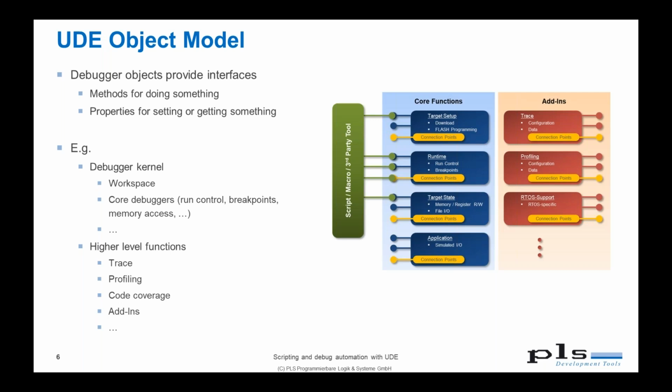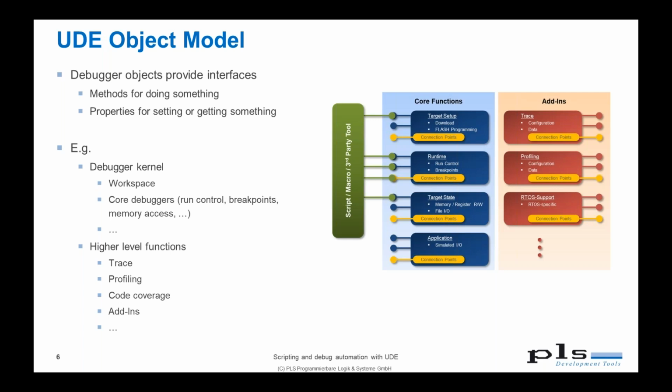So all the objects or components of the debugger, for example the debugger kernel, provide interfaces. The debugger kernel contains objects like the workspace and the core debuggers, which are responsible for handling everything for each core of a multi-core system, for example run control, breaking, stepping, go, handling breakpoints, and memory access.